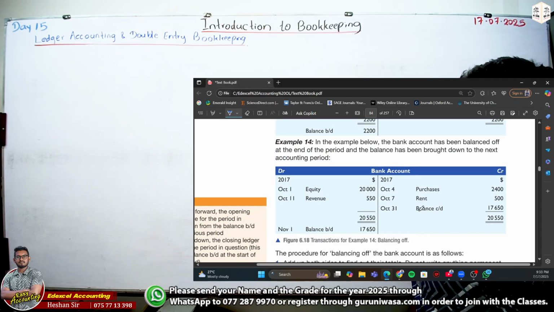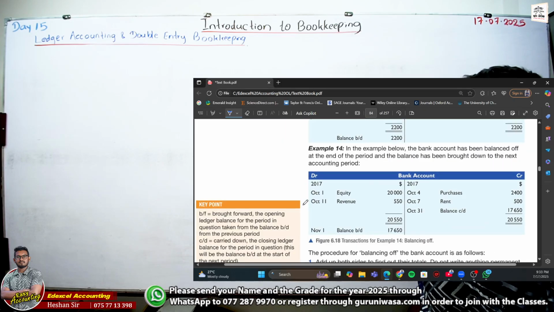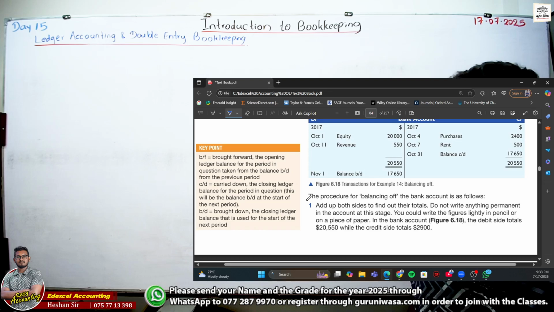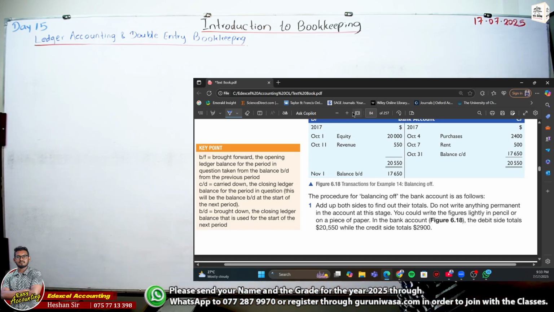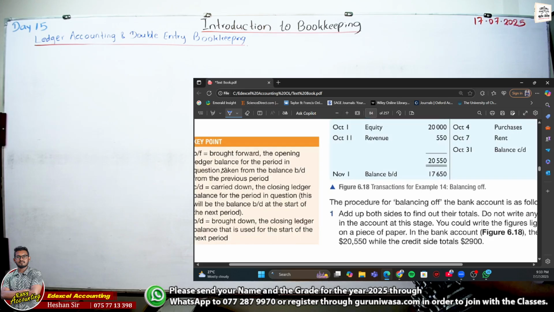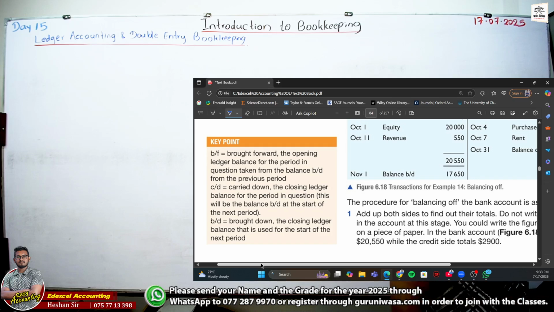BCD means balance carried down, and BBD means balance brought down. BF means brought forward: the opening ledger balance for the period in question, taken from the balance BD of the previous period. CD means carried down, the closing ledger balance for the period in question.